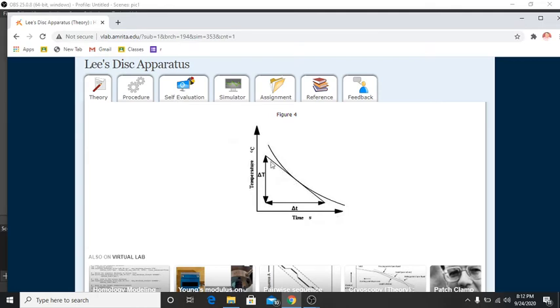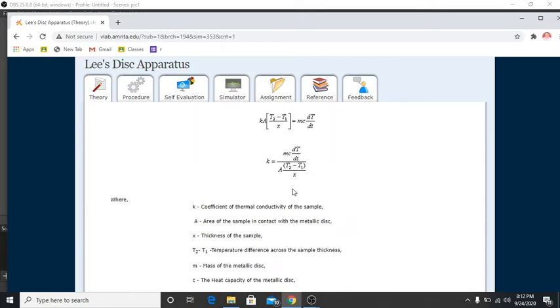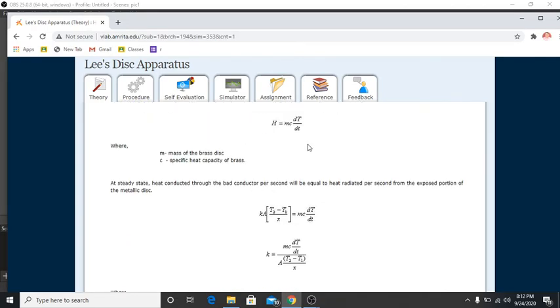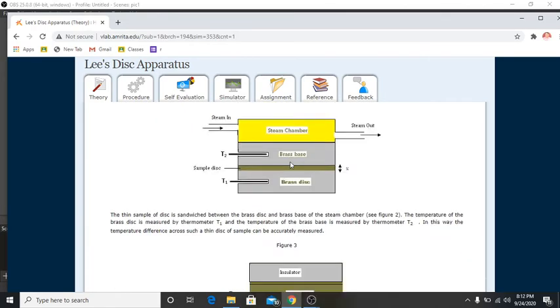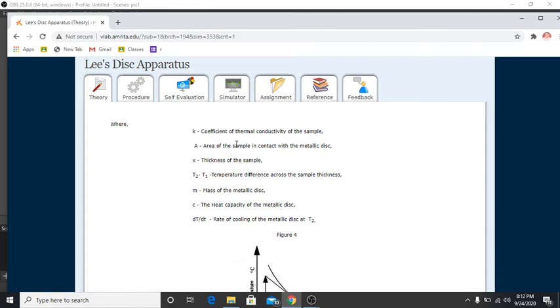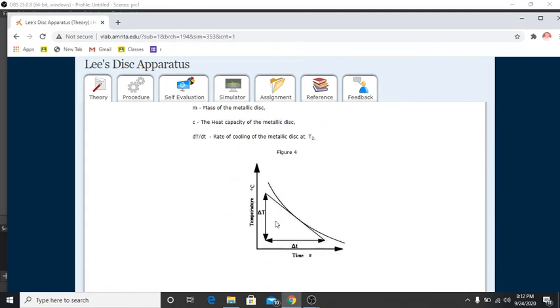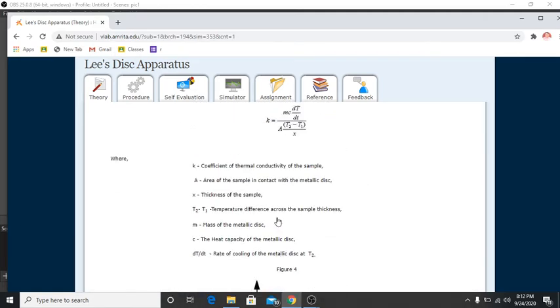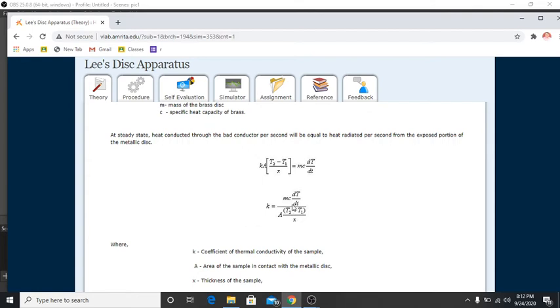By plotting a tangent at the steady state point T2 we get the slope of this line, and using the slope with the other constants given in this experiment, you can get the value of k, the coefficient of thermal conductivity of a bad conductor.